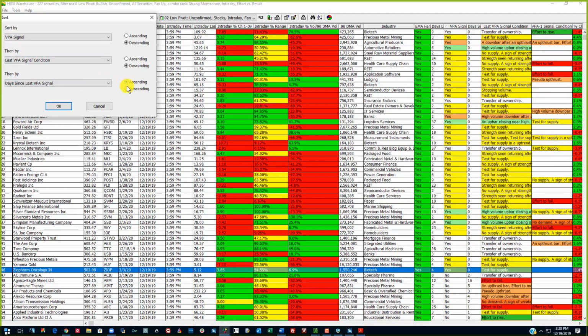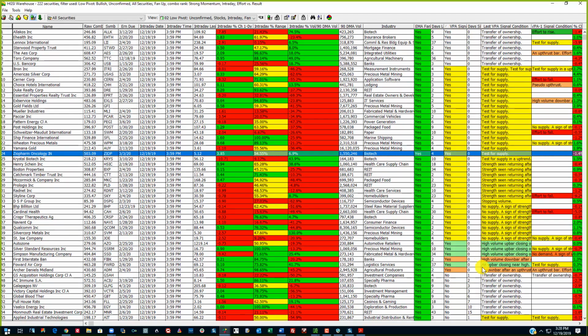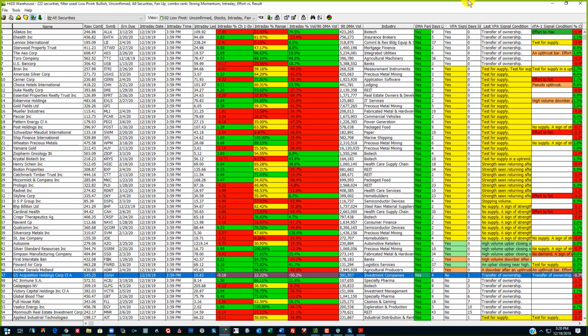Days since, this one's ascending because I want the ones that have fired most recently on top, and you can see that down here. All of these just fired yesterday, but notice how this lines everything up nicely so you don't have to search. Everything here is stacked like it should be.